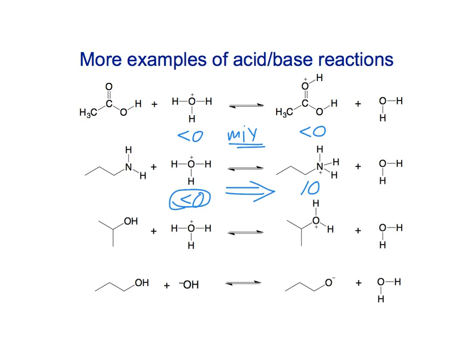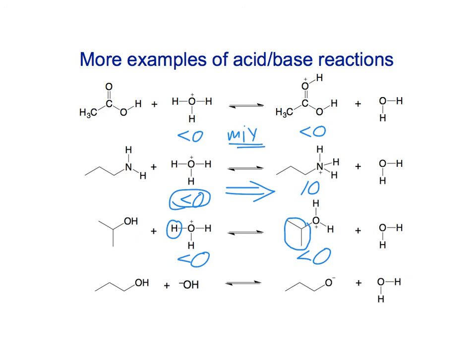The next one has an alcohol and hydronium ion. The hydronium ion seems to be our acid of choice here. We have this oxonium ion, which looks a little bit like hydronium ion on the right. All we've done is replace a hydrogen on hydronium ion with this carbon group.